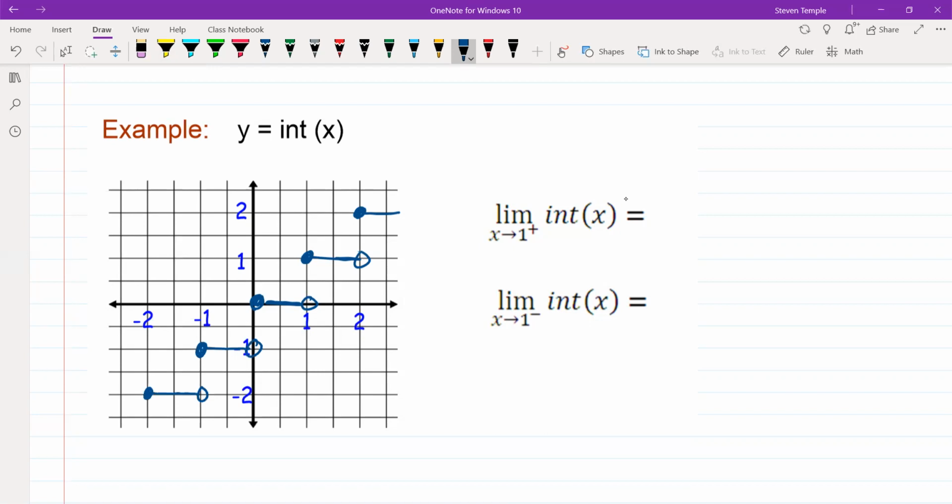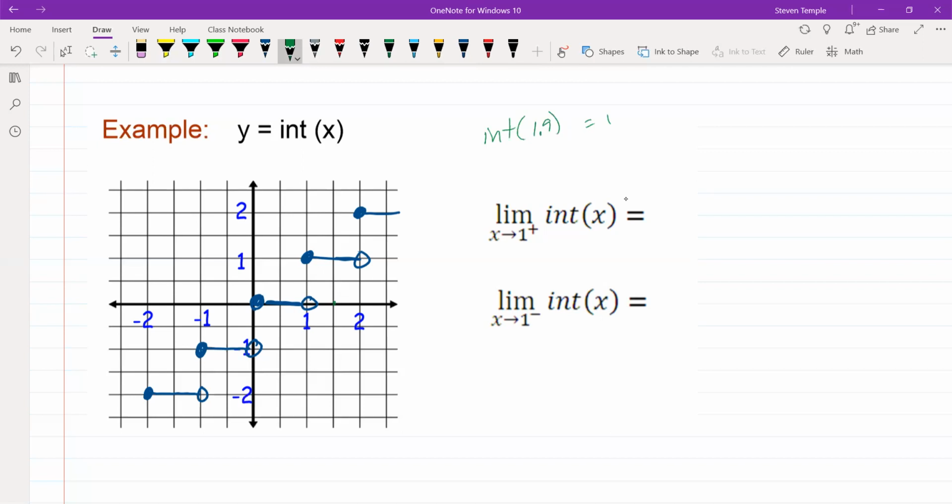Just to review this, if I said int of 1.5, that would be right here. If I put a value of x as 1.5, your y value is going to be 1. If I change that from 1.5 to about 1.9, almost 2, it's actually still going to be a 1.